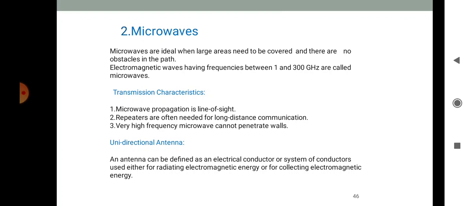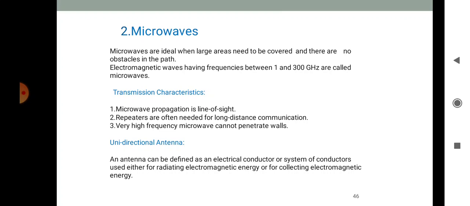Then the unidirectional antenna. An antenna can be defined as an electrical conductor or a system of conductors which is used either for radiating electromagnetic energy or for collecting electromagnetic energy.